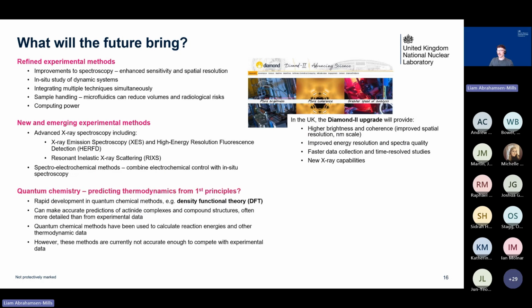This one is a bit of a left field future potential technique. So quantum chemistry: could we predict this thermodynamic data from first principles? Could we do away with experiments altogether?